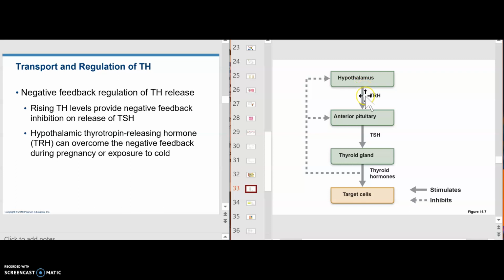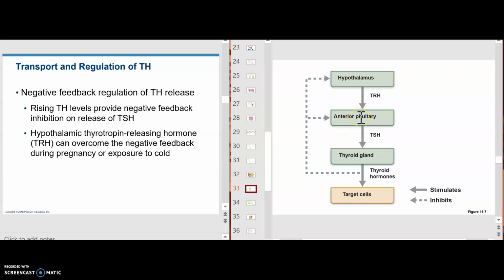TRH will travel down. You remember that primary portal plexus, venous transport plexus, and secondary portal plexus to the anterior pituitary. Okay, so TRH is secreted by the hypothalamus, goes to the anterior pituitary, the thyrotropes.